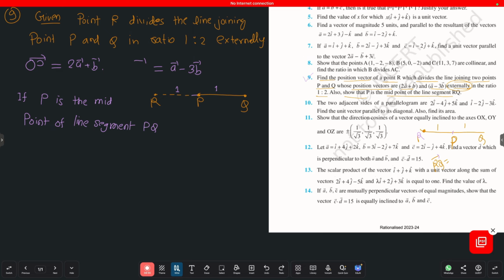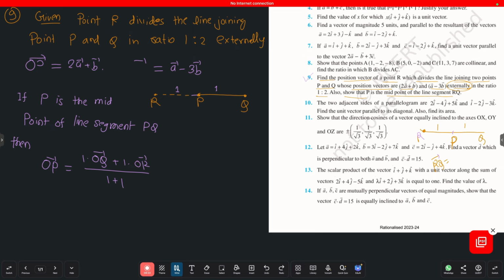Then OP vector must be 1 into OQ vector plus 1 into OR vector, divided by 1 plus 1.